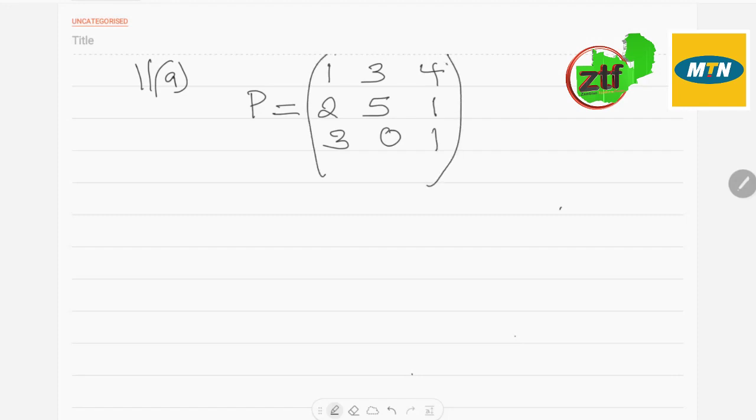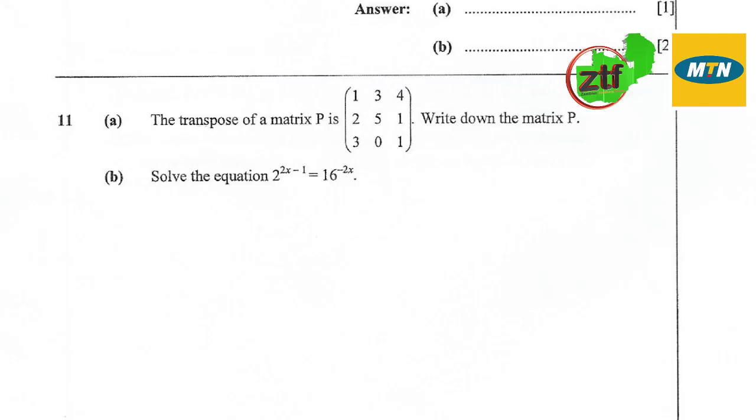So the question as it is on the screen here says the transpose of a matrix P is 1, 3, 4, 2, 5, 1, 3, 0, 1. Write down the matrix P. So this is P transpose.